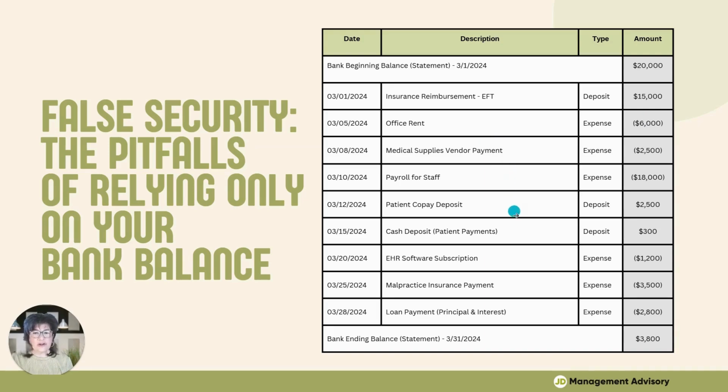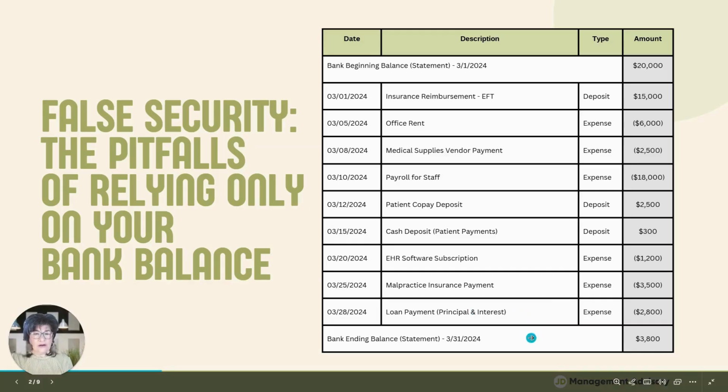This is specific to medical practices. You have patient deposits received in the office. You also have your EFTs that come in. You have your rent, your medical supplies, your billing software, EHR software, your malpractice, and any loan payments that you might have.